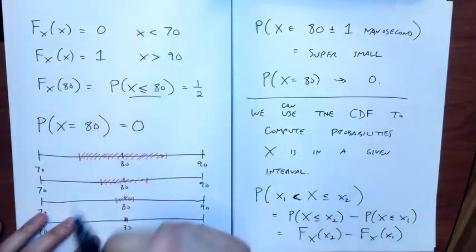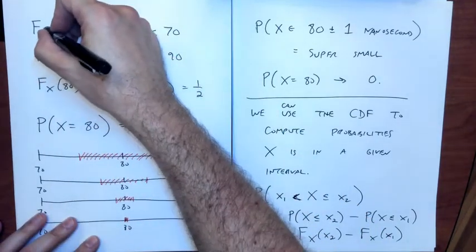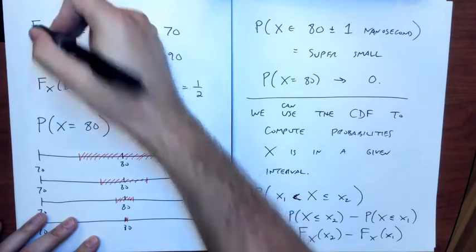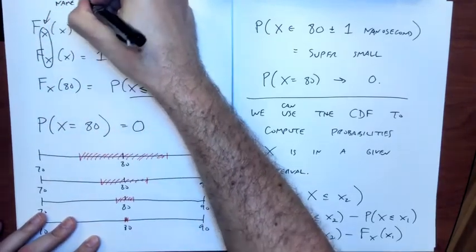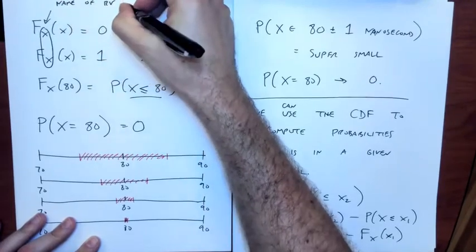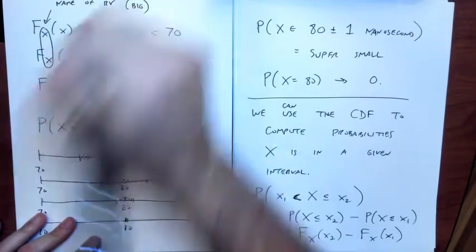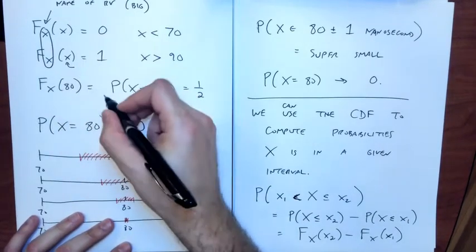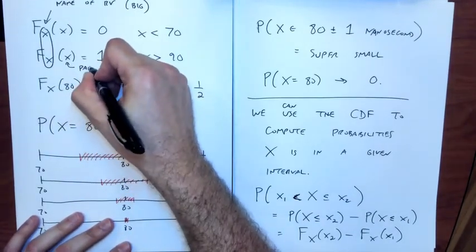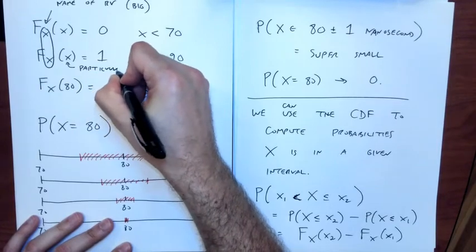So the thing to remember is that the thing you see here is always the name of the random variable, which is usually a big letter. The thing you see here is a particular value.